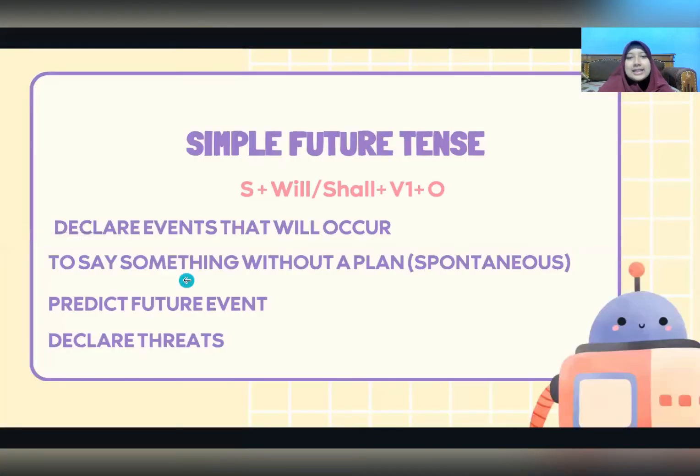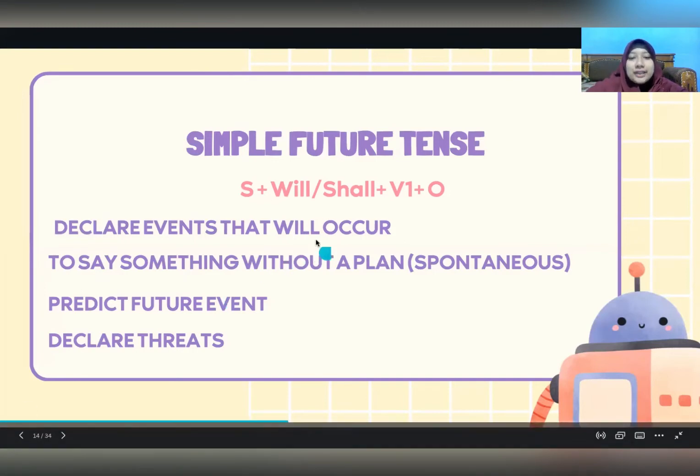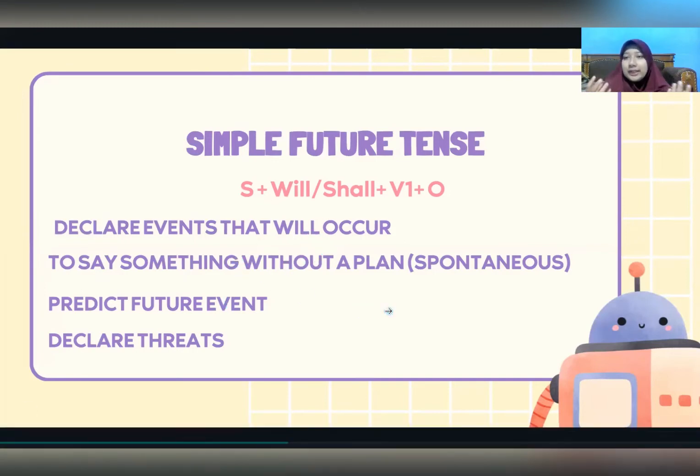The next tense is the simple future tense. What is this? The simple future tense is used to explain or declare an event that will occur, or to say something without a plan, spontaneously.